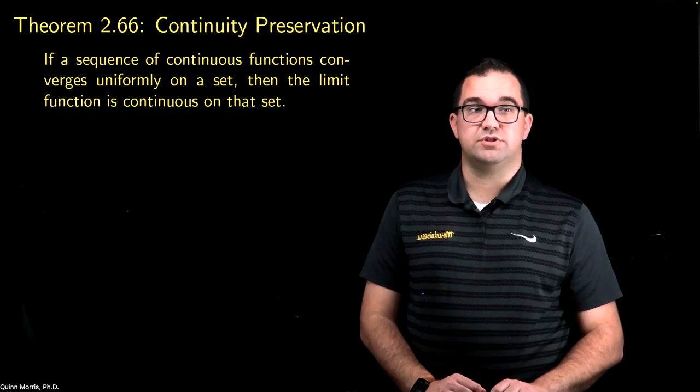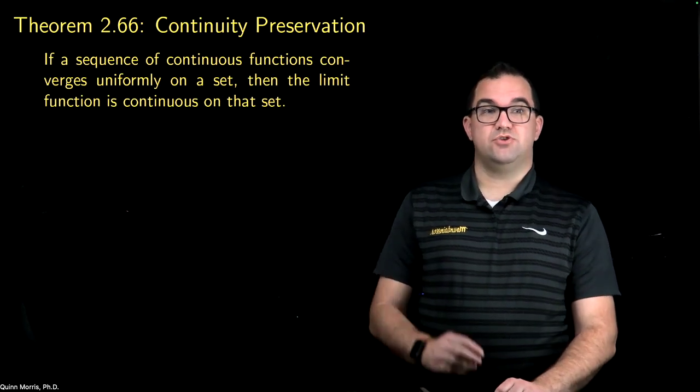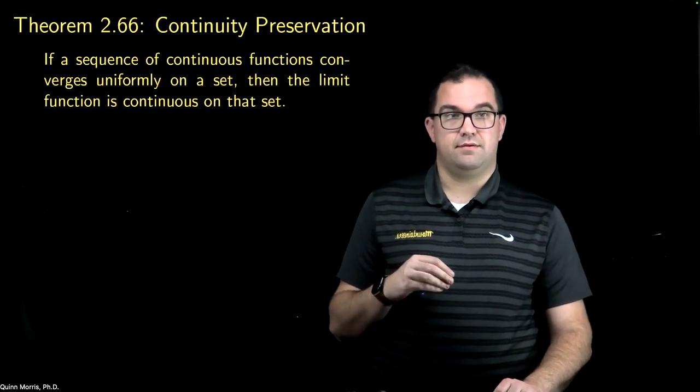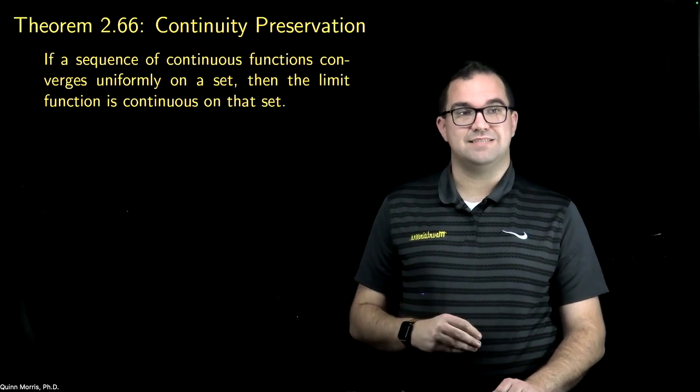So let's look at our first example of that. If a sequence of functions, each of which is continuous, converges uniformly on a set, then the limit function is also continuous on that set.